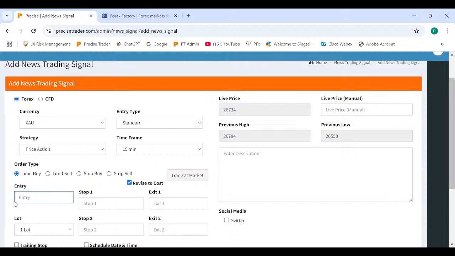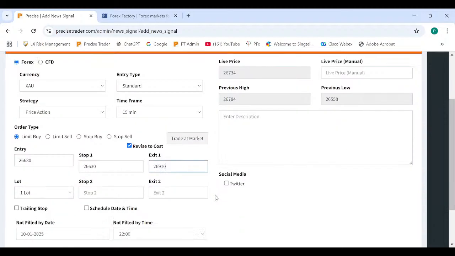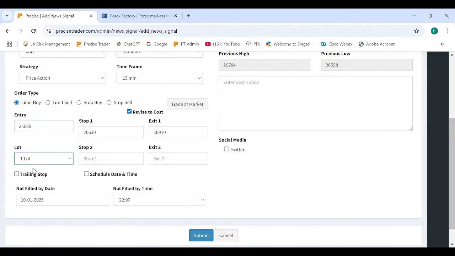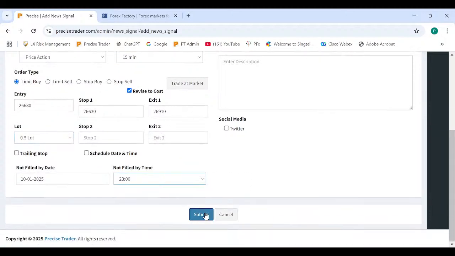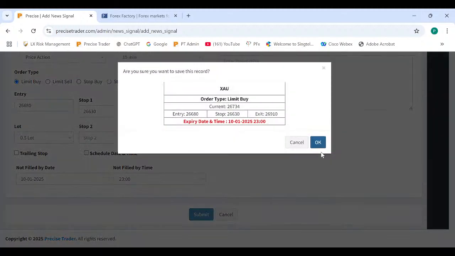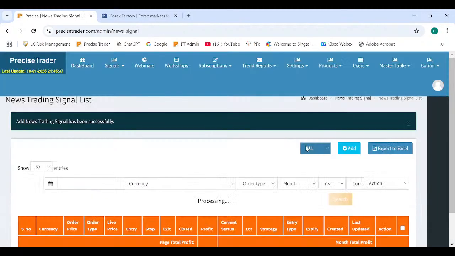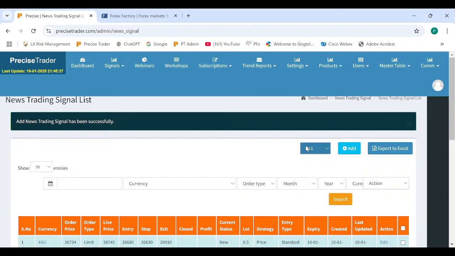So now what I'm going to do is re-enter again at 2668, with a 2663 stop. This round I want to wait for my target, and I want to go for half lot. I'll give this trade another 1 hour. Now we are seeing 76 being tested.